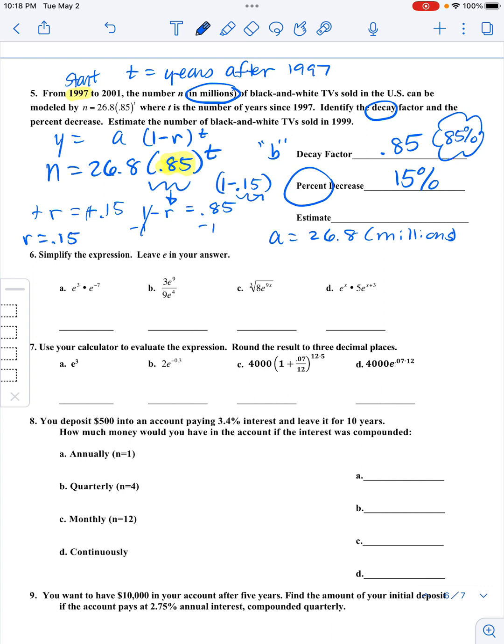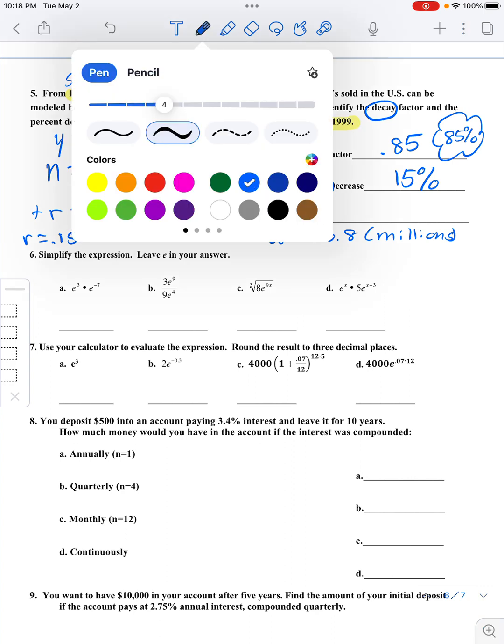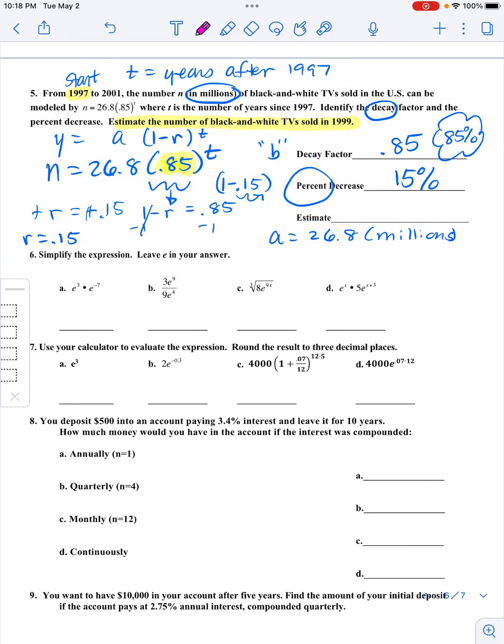And then it says, estimate the number of black and white TVs sold in 99. So the only thing a little bit tricky about that is you have to think, what's t going to be? It's going to be 1999, and find out how far that is from our start date way back here of 1997. So that's 2 years later.